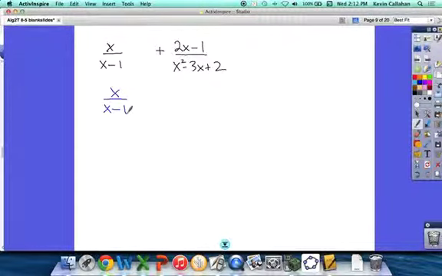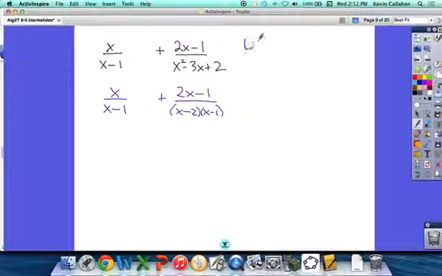And because I can see that I'm probably going to have to multiply this one by something, I'm leaving some space to the side. Try not to just cram everything together. Plus 2x minus 1 over, and how does that factor? x minus 2 times x minus 1.